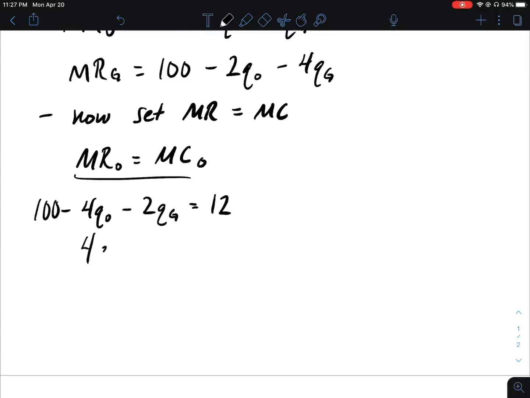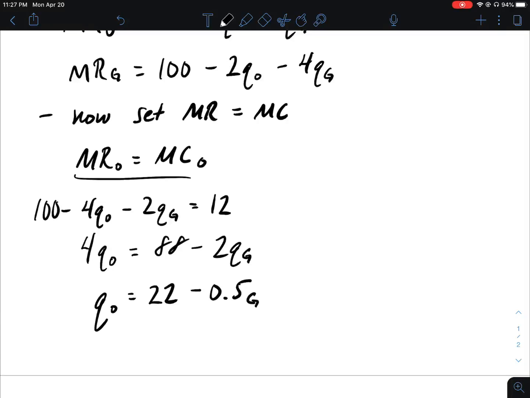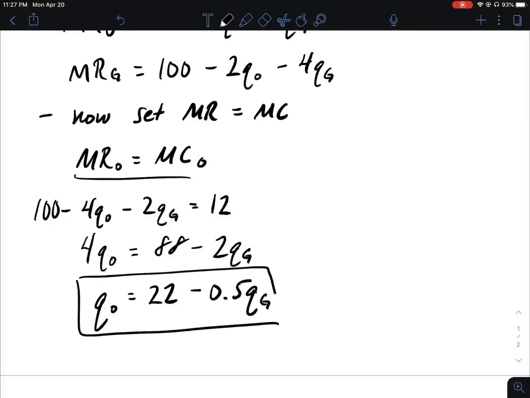And simplifying that a little bit, we have 4 QO equals 88 minus 2 QG. And dividing by 4, we should get QO equals 22 minus 0.5 QG. So that's Oil Pro's reaction function.